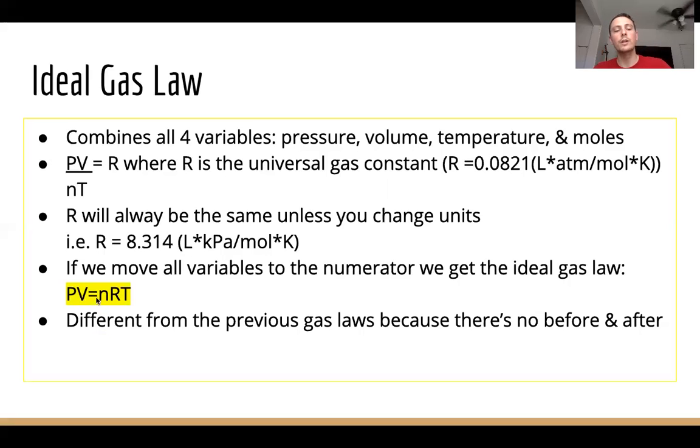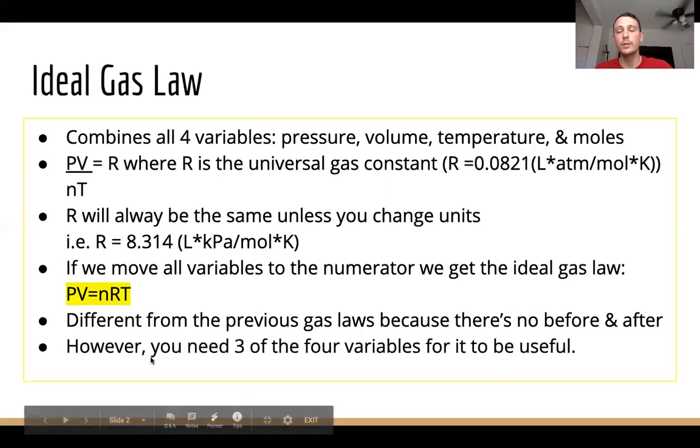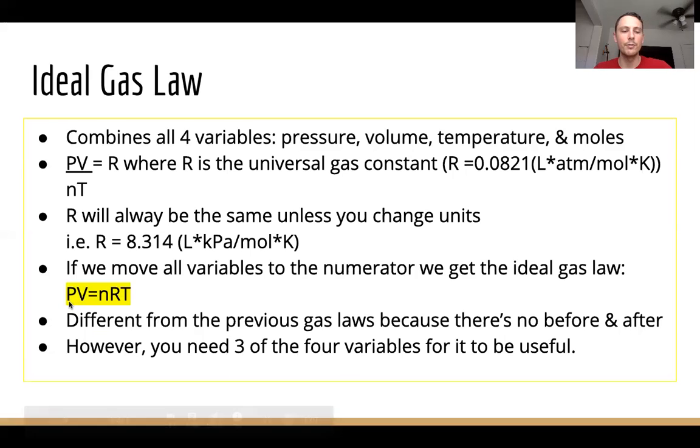If we know what pressure and volume our gas is taking up and the temperature, we can figure out how many moles of gas we have using this equation. So the thing is, you need three of the four variables in order for it to be useful, right? The R is always going to be the same number, it's a constant, but we need to have three out of the four of pressure, volume, moles, or temperature in order to find the last one.